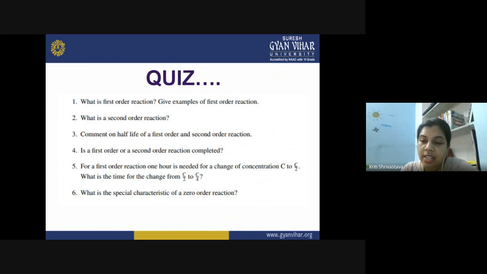Now you replace the concentration term with half of the initial value, that is 0.5 A naught, and you replace all the times with t half.